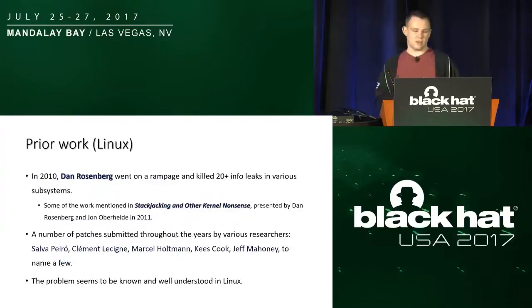On the other hand, the problem seems to be much better known on Linux. Already 7 years ago, Dan Rosenberg apparently went on a rampage and killed several dozen, I think more than 20 info leaks in various subsystems. He presented some of this work in a presentation given by him and Jon Oberheide in 2011.